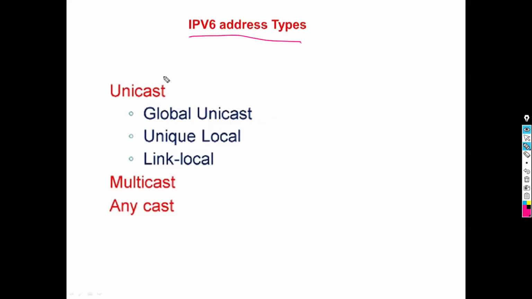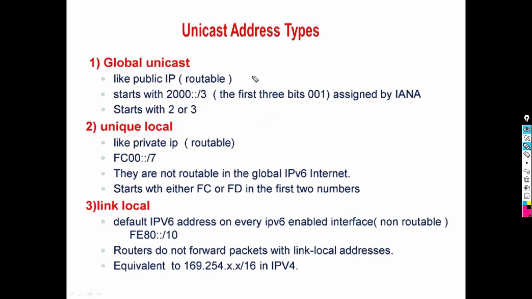This is our topic, unicast. You can say IPv6 unicast address type. So we have 3 address types in IP version 6. The first one is global unicast. Then we can go with unique local, then link local.